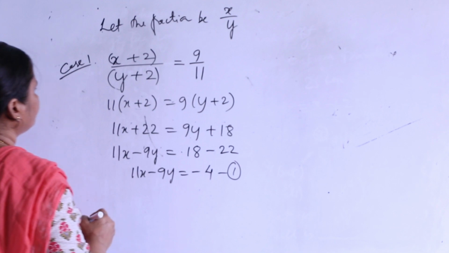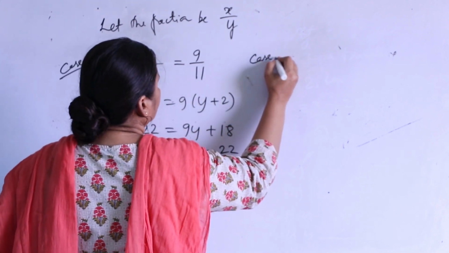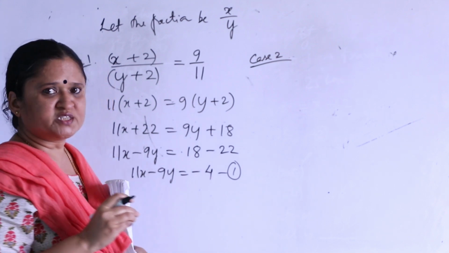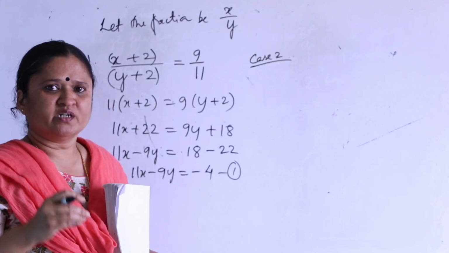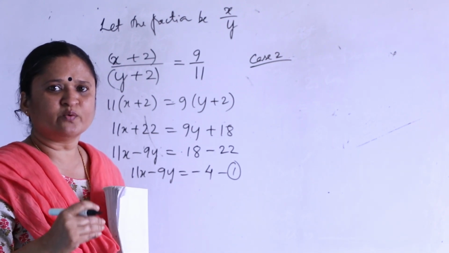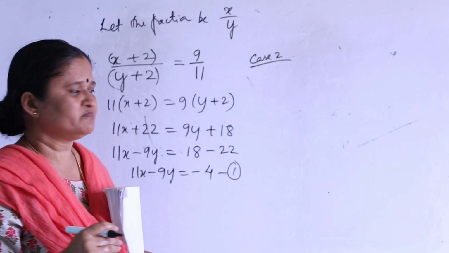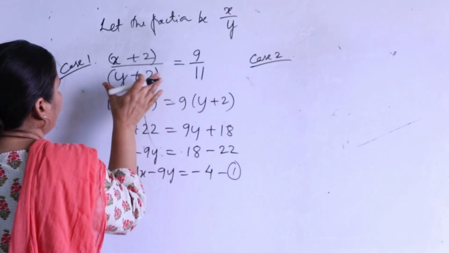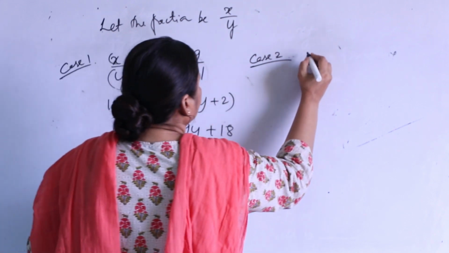Equation 1. Case 2. See, as I told you in the beginning session itself, in this lesson, our first aim is to derive two equations in two variables. Case 2. As I told before, very important tip.